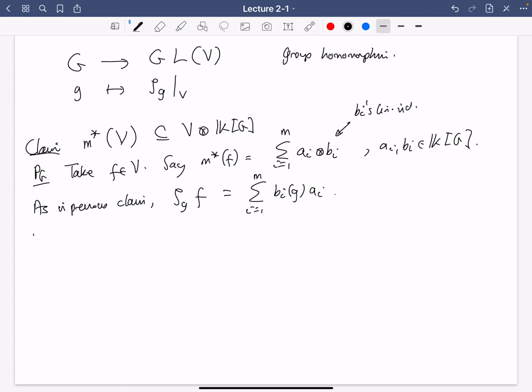And now apply that blue lemma to get some points g1 up to gm in G, so that this matrix bi of gj is an invertible matrix.